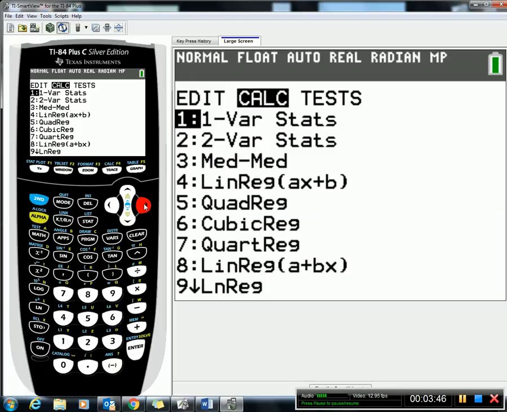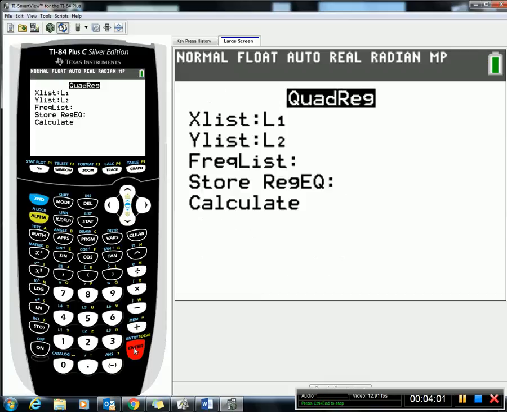Do you see that choice 5 is quadratic regression? That's what you want to hit. So hit enter. Now, if you got the old operating system, it should just do it right now. If you've got the new one, you're going to have to go all the way down and hit calculate.